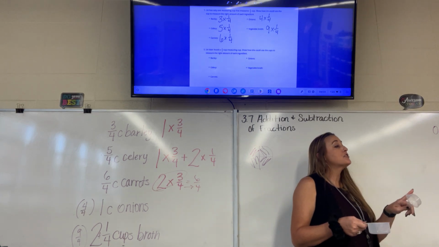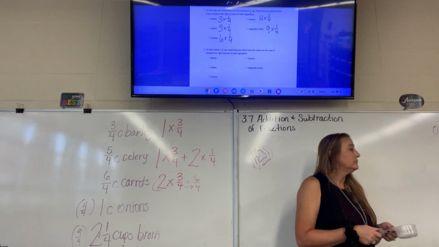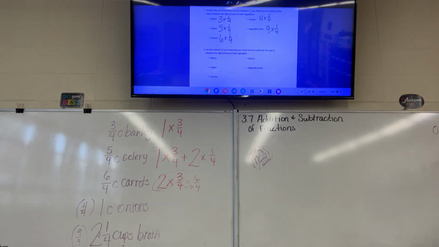How many fourths are there in one whole? 4 fourths. So I've got to have 4 of those. This is a 3/4. This holds 3/4. 4/4. This just holds 1.